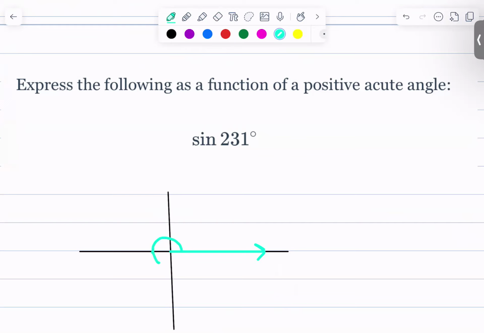It'll be somewhere around here, right? That's 231 degrees. So what they want is this angle. What is that angle there?